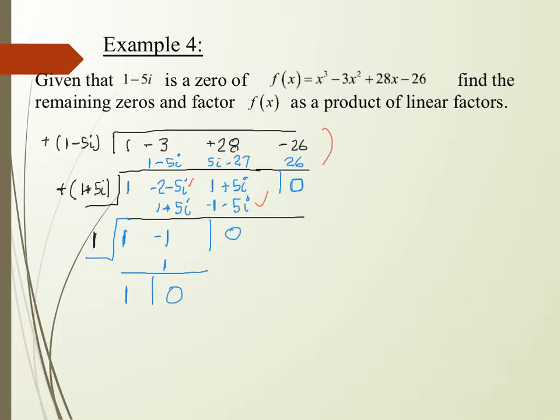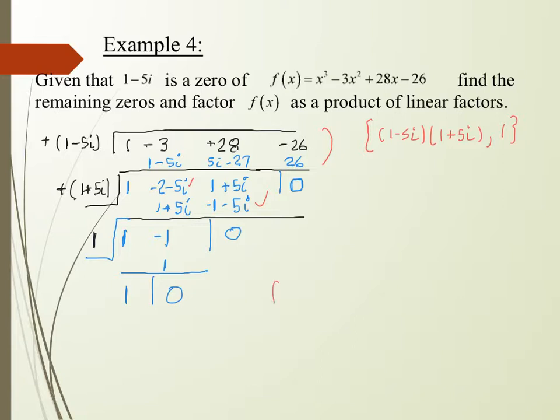So our factors are 1 minus 5i, 1 plus 5i, and of course 1. And now it says a product of linear factors.